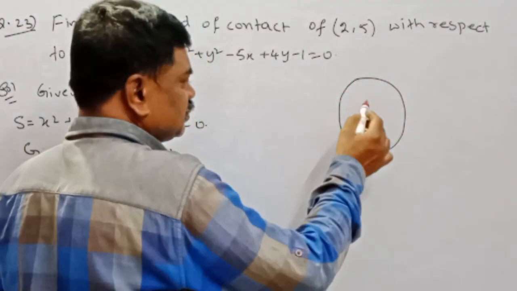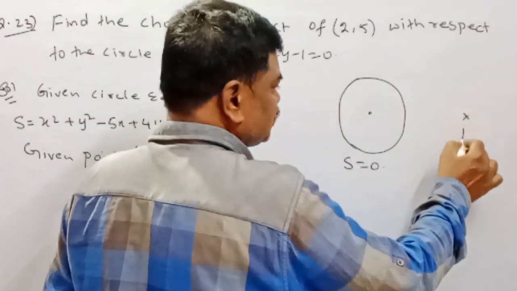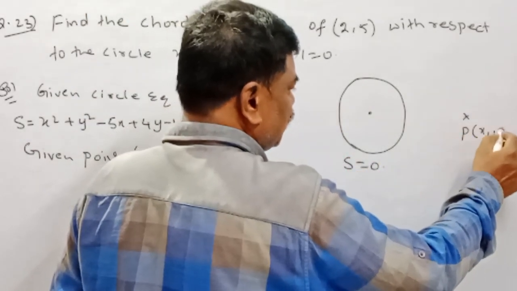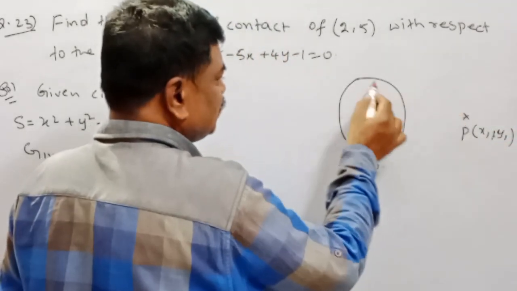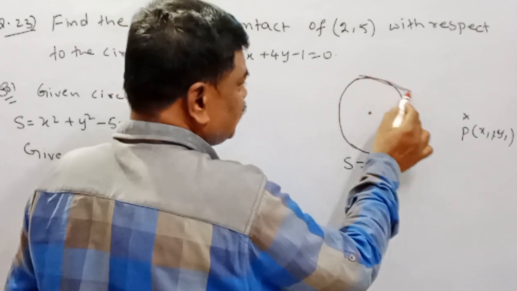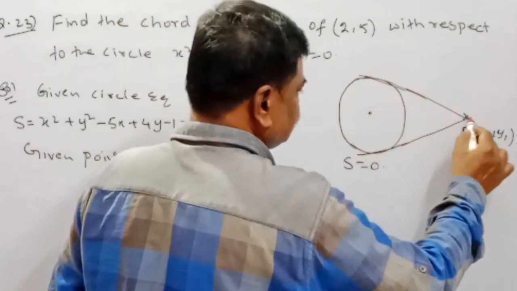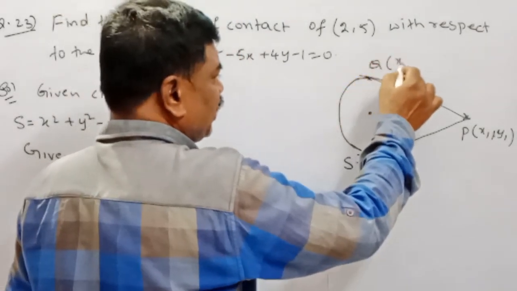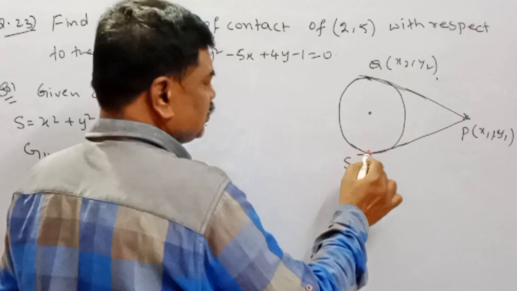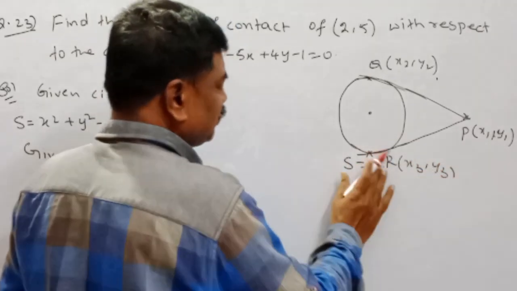You see, this is the circle S equal to 0. This is the point x1, y1, and from this you draw the tangents, this one and this one. This is the point Q (x2, y2). This is the point R (x3, y3).